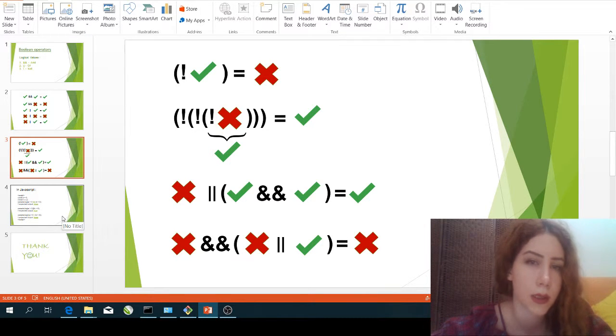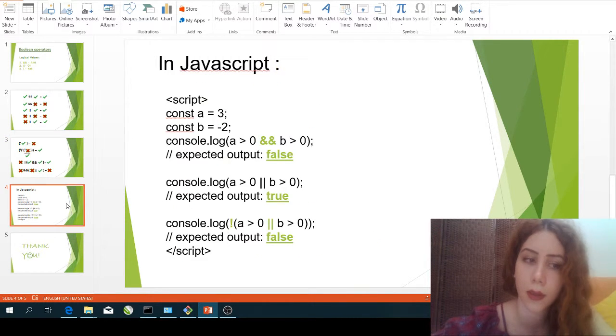So let's consider another example. For example, in JavaScript, we have these constant values. Constant a equals 3, constant b equals -2. In order to print out these operations, we will get false.